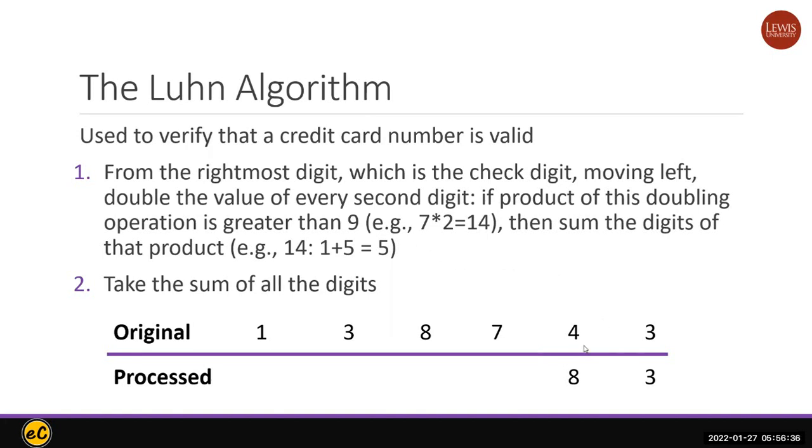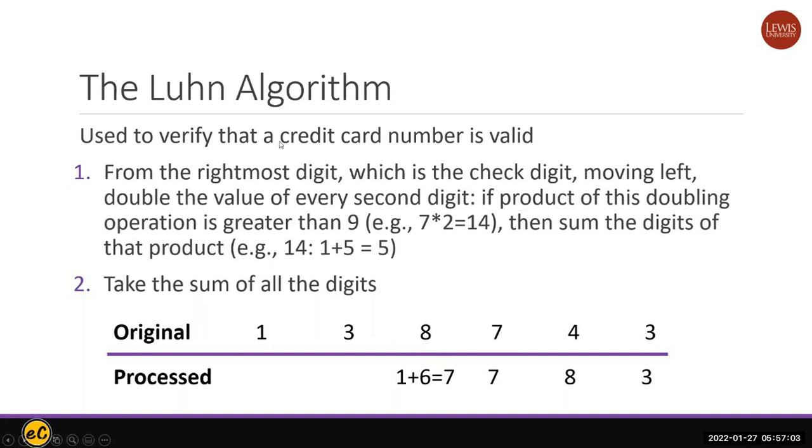Next one, you get 7, you drop the 7 from here, and then you double the 8. I'm sorry, you double the 8 and you get 16, so you need to take the sum of its digits.